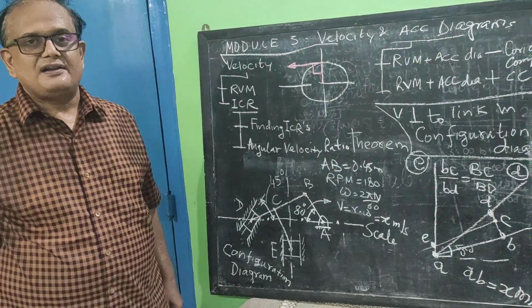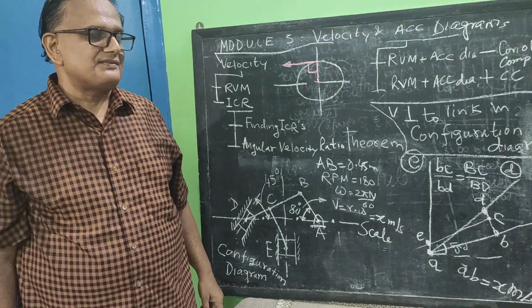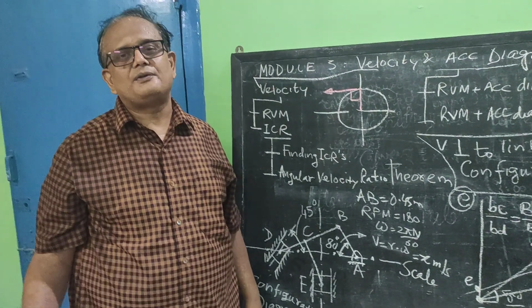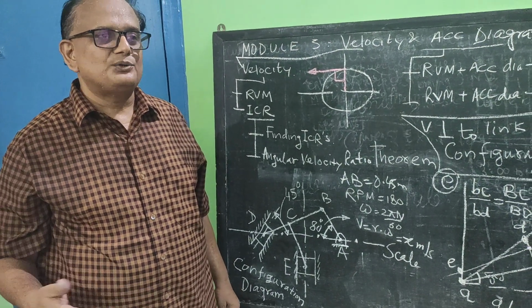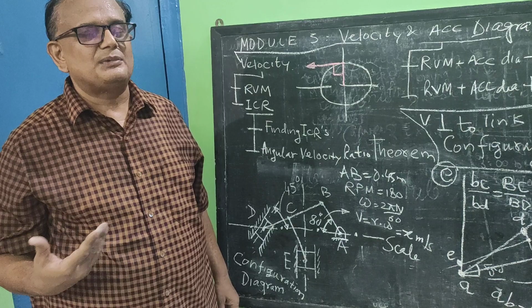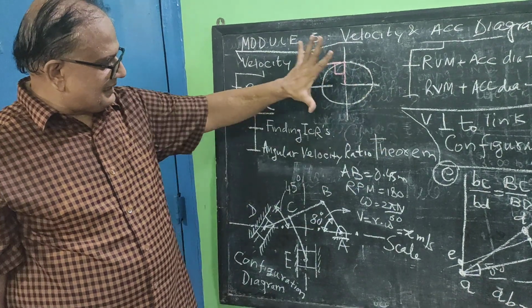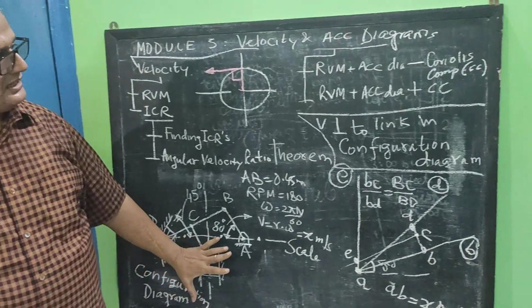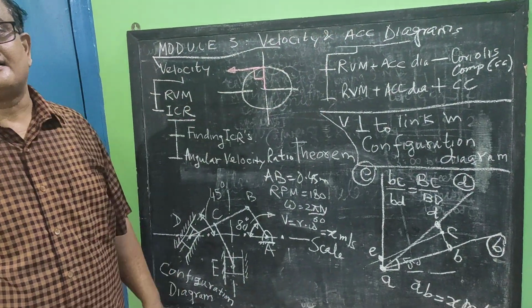So children, that was the relative velocity method. It's a very simple method, and it gives fairly accurate results. It depends upon how perfectly you take a scale, how properly you draw the perpendicular diagrams and all that. Alright? So this is everything about the relative velocity method. This is module 3, velocity acceleration diagram.